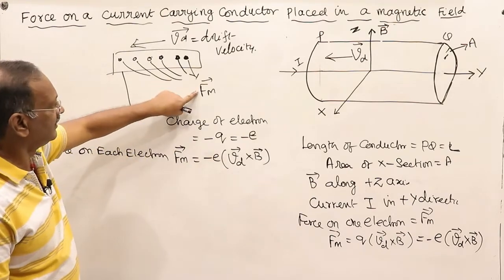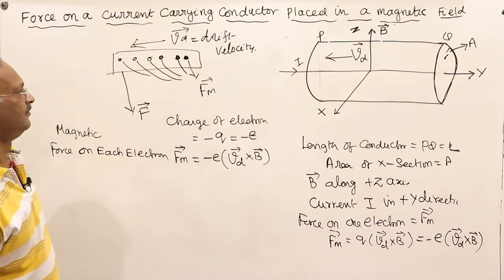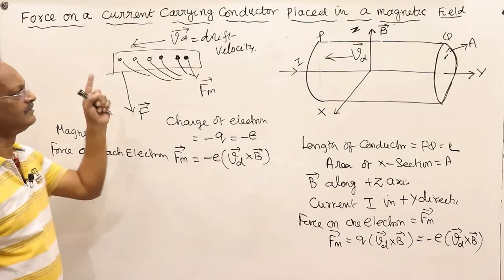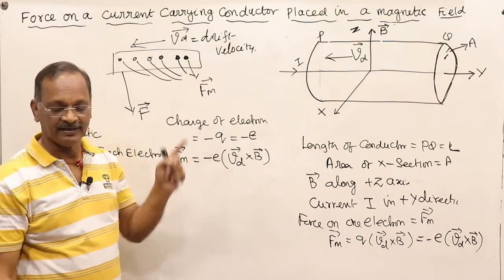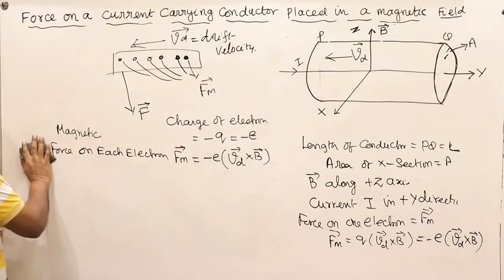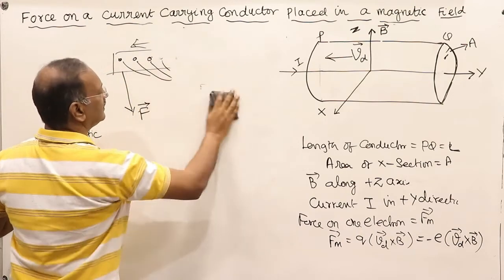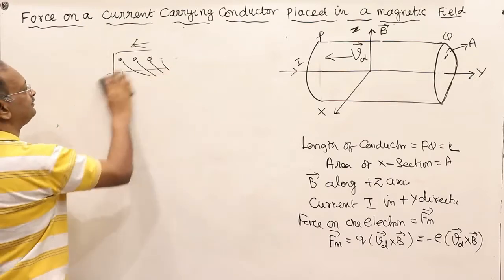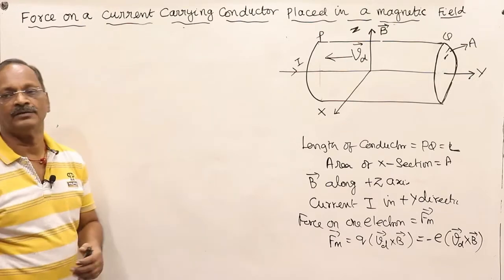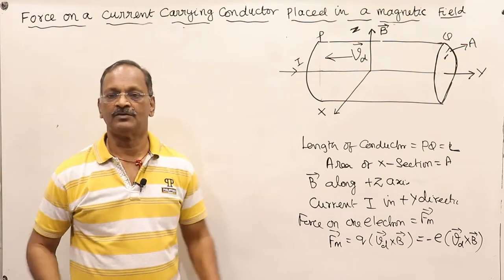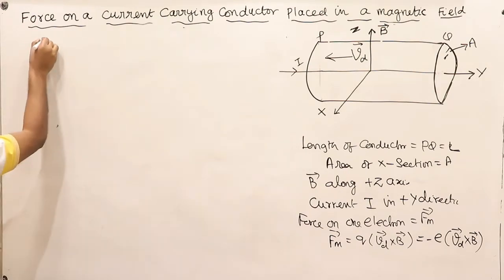Because this Fm is the force acting on one electron, and there are several n number of electrons in the conductor. So we have to find out the total force. So now we have the Lorentz force due to one single electron, and the total force acting on the conductor.